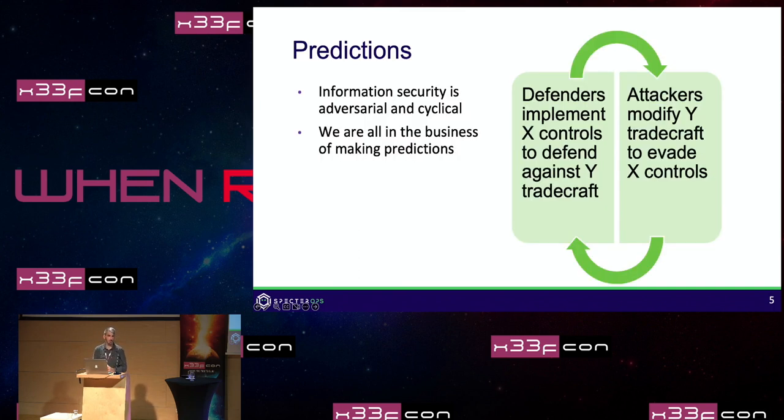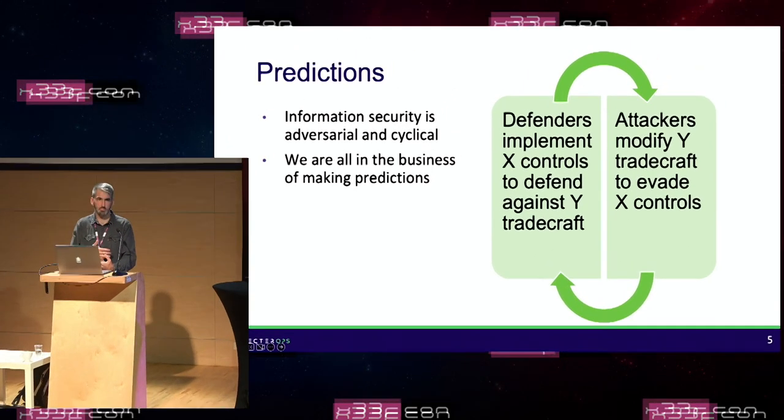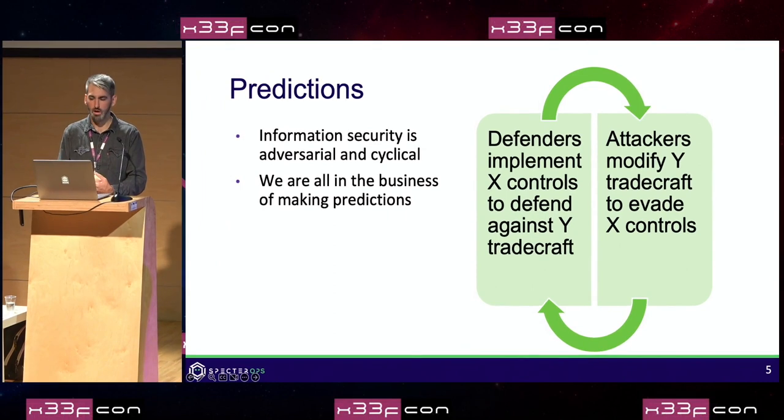So information security is an inherently adversarial problem set. Attackers develop offensive tradecraft and the tooling to implement that tradecraft, and defenders implement some set of protective controls and detection strategies in response to that. And attackers then pick that up and do the same thing. They modify their tradecraft in response to whatever controls defenders have implemented, or that they at least think defenders have implemented.